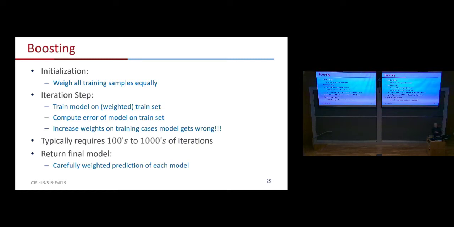Basically, we do this typically hundreds or thousands of times, and we return the final model, which is the linear sum of these weighted by these alphas. So basically, the alphas are important here because they determine the importance we want to give to each weak learner. And as I said, it turns out to be a very, very strong model.